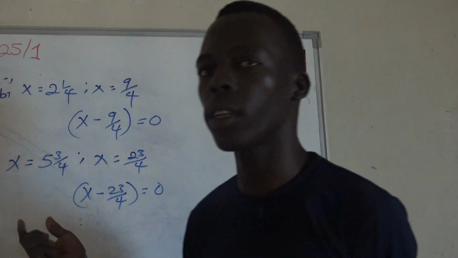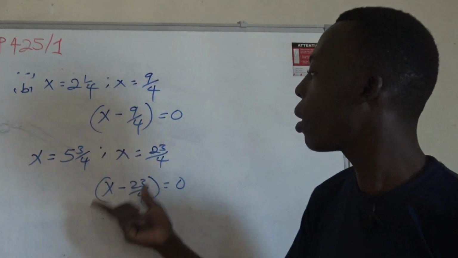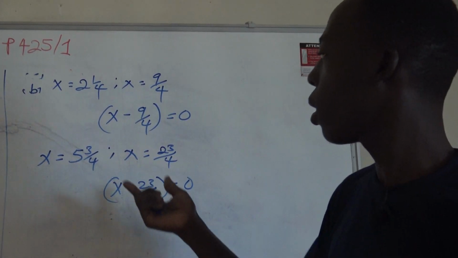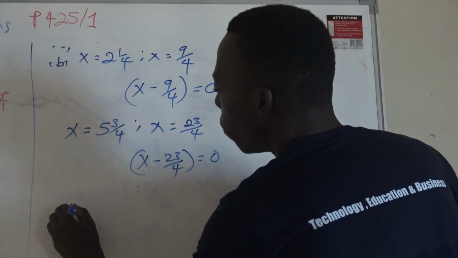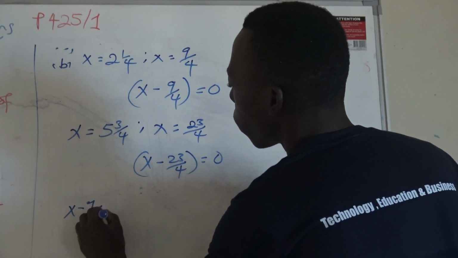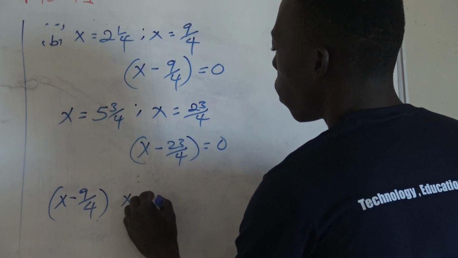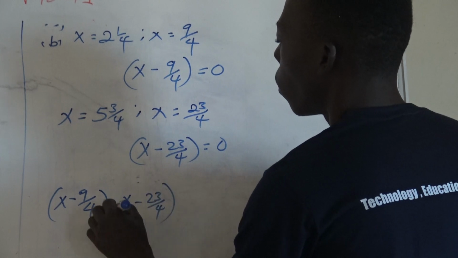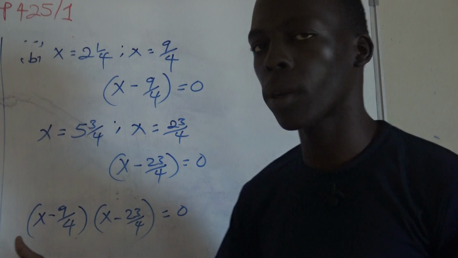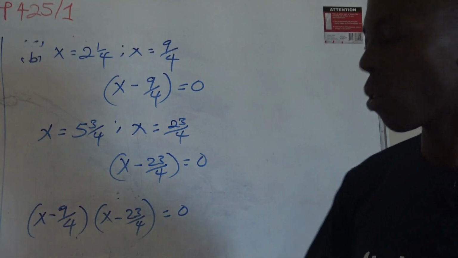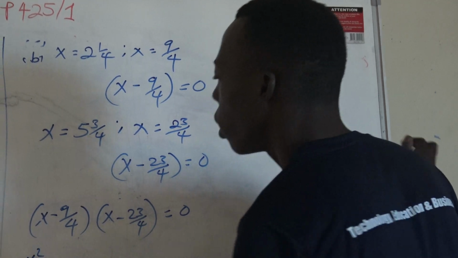After reaching here, we have to multiply the two so that we can equate it to 0 and get the quadratic equation we need. So here it will be x minus 9 out of 4, times x minus 23 out of 4, which must give us 0. Now we have to multiply these two brackets. This one times this gives us x squared.